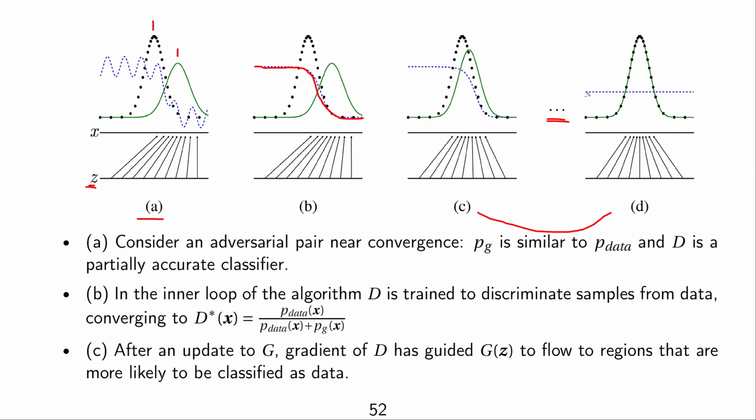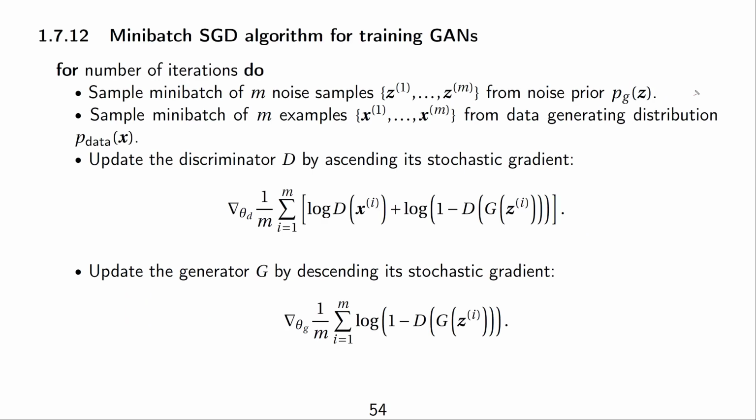What we see is that the discriminator really can no longer decide, and this ratio P data divided by P data plus P model is always 0.5. So this is the discriminator output, 0.5, at equilibrium. Unfortunately, we are not able to always find the optimal discriminator for a generator.